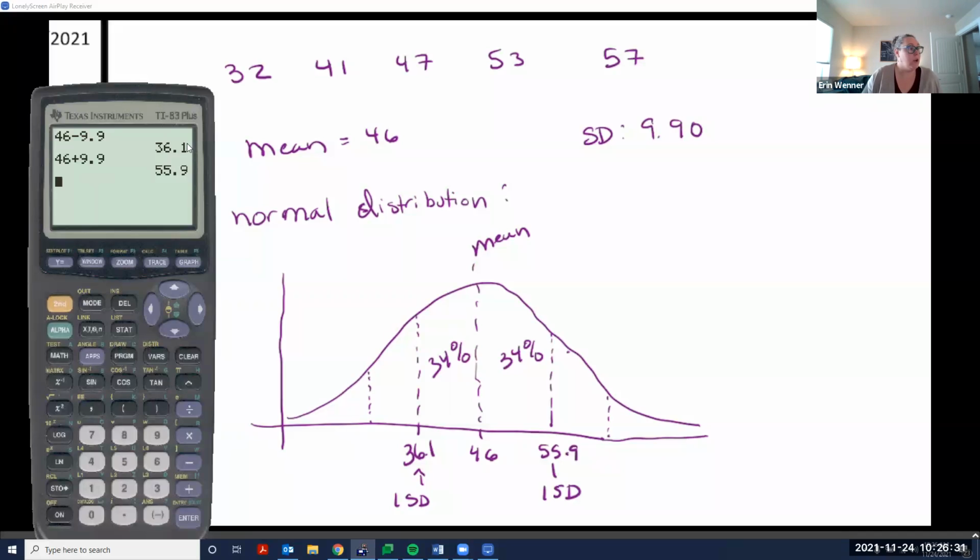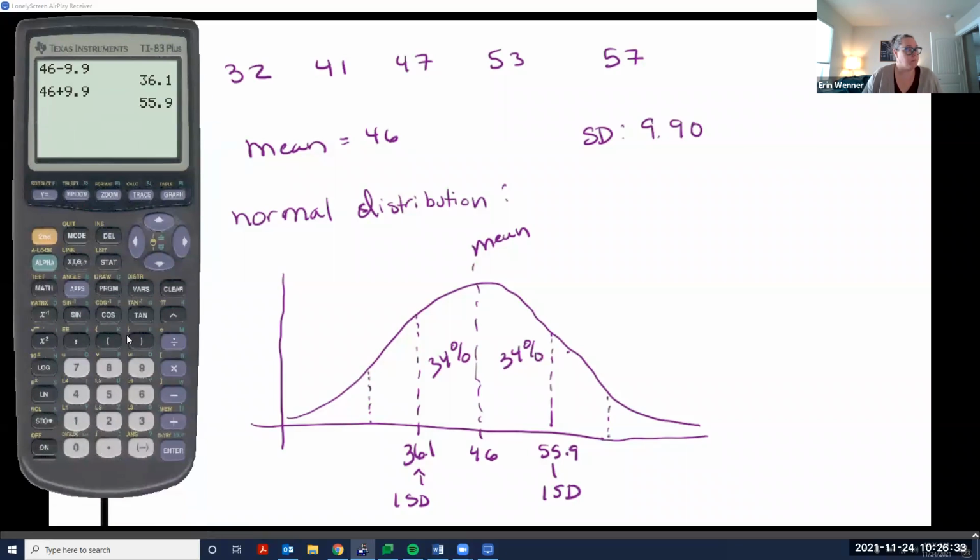So we're going to take 36.1 and subtract 9.9 from it, and we get 26.2, and then taking 55.9 and adding 9.9 to that, we get 65.8. So this is considered two standard deviations from the mean.